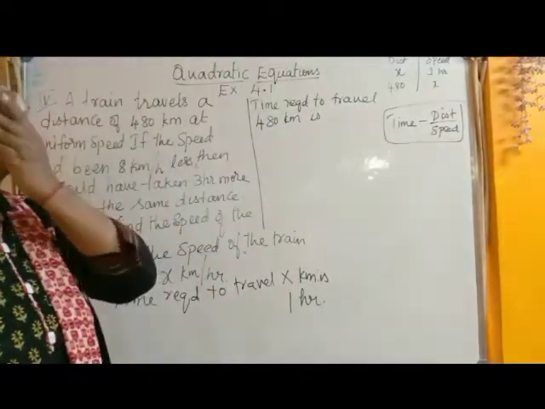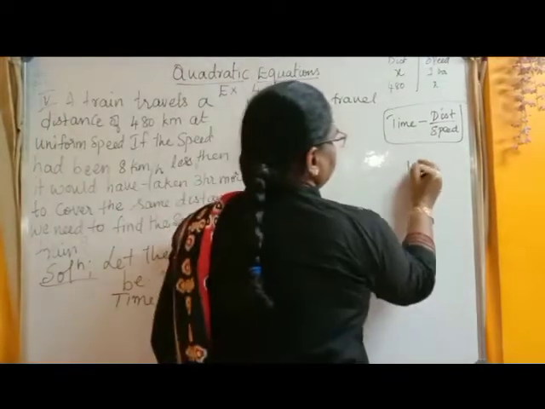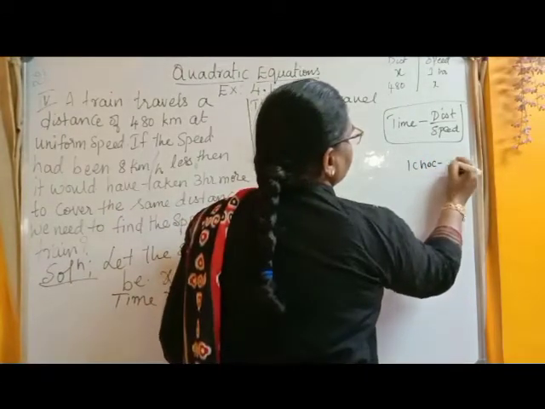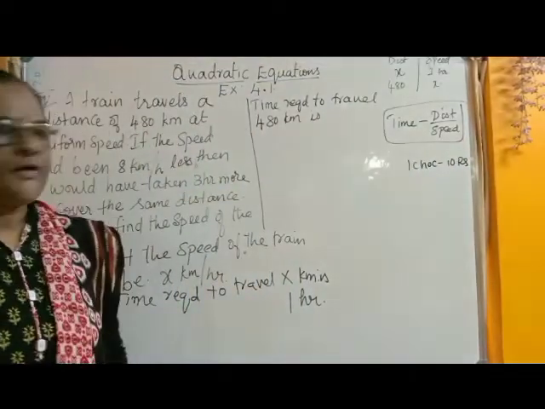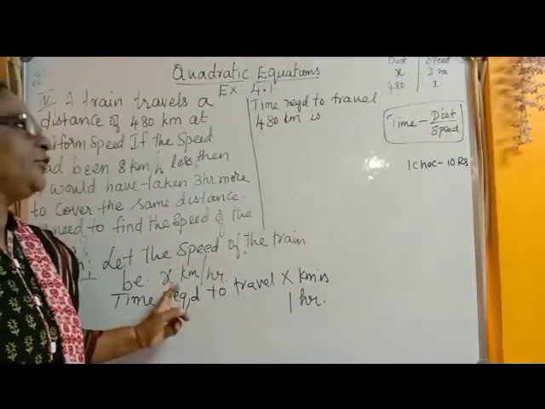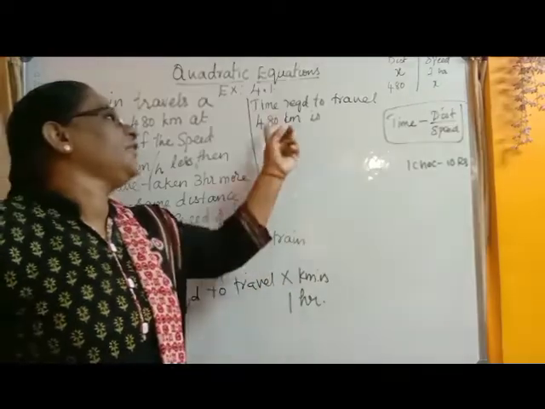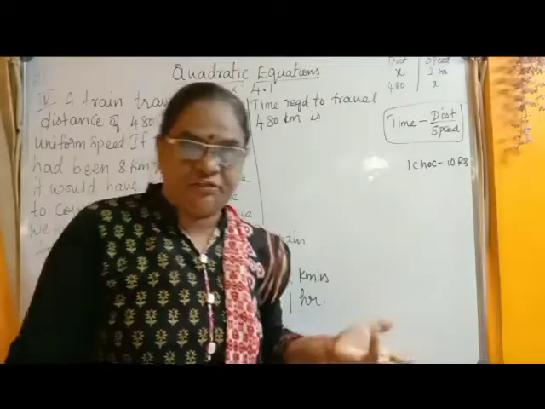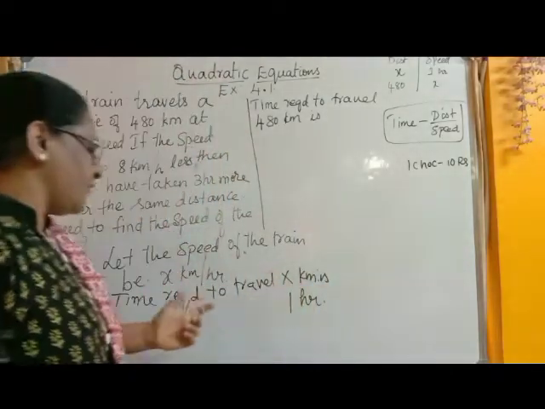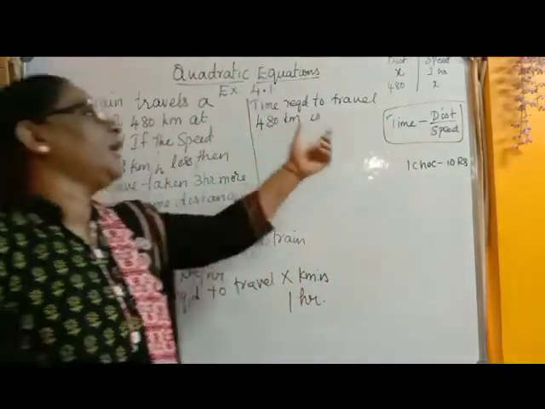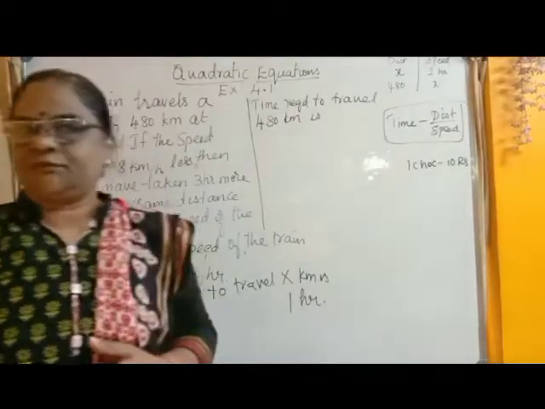It is like, for one chocolate it is 10 rupees. Suppose you have 480 rupees, how many chocolates will you get? It is like, for 1 hour x kilometer, for how many hours? 480.